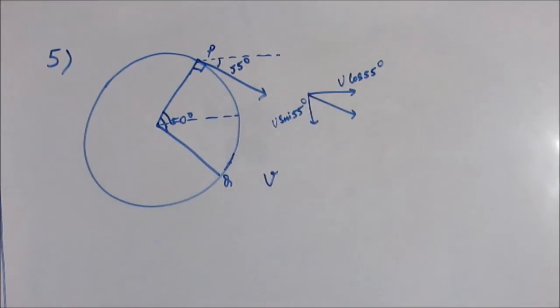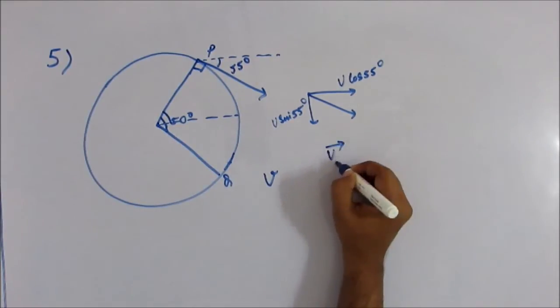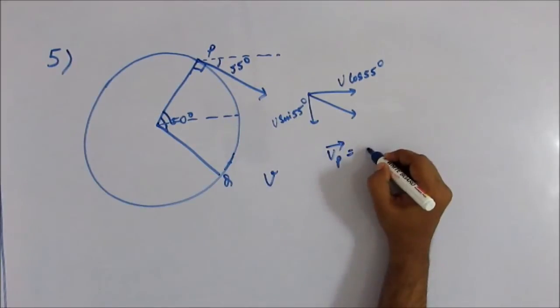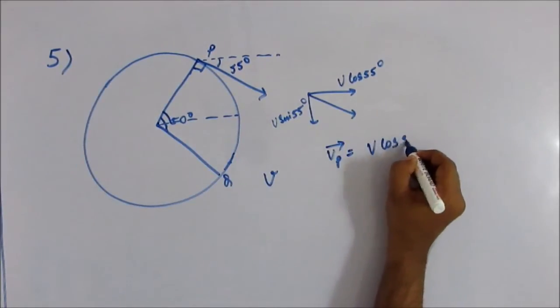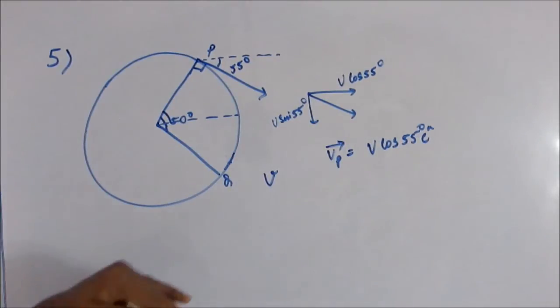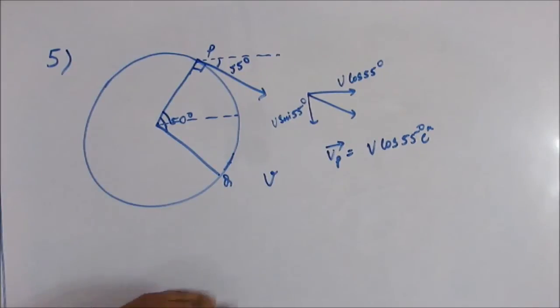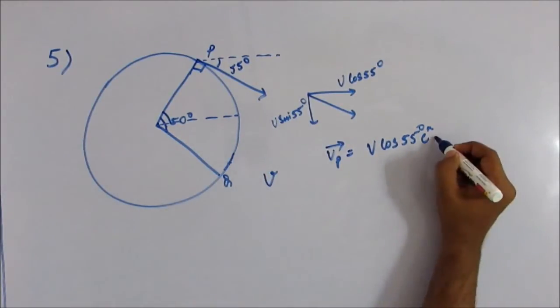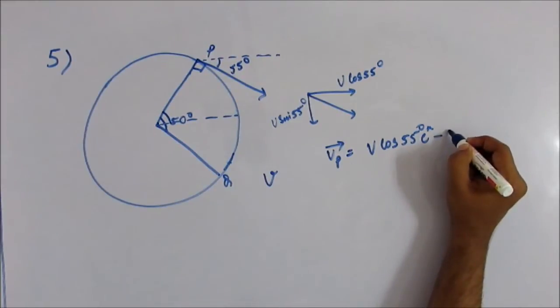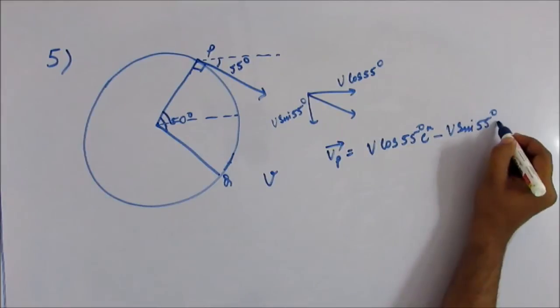Now to break the vector into component and write in the Cartesian form, we can write velocity vector at P as v cos 55 degree i cap, and the one which is along y-axis is along negative y-axis direction, so it will come as minus v sine 55 degree j cap.